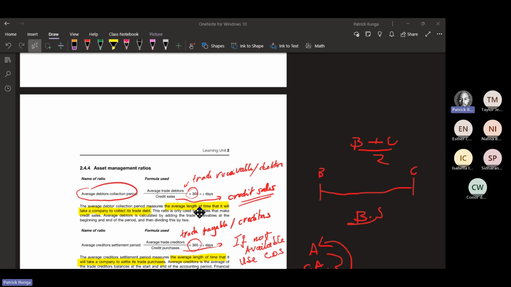Guys, I'm making this very realistic. What kind of asset? When we talk about this asset management, what kind of asset? Especially when we touch on these two, average debtors collection period, as well as average creditor settlement period.